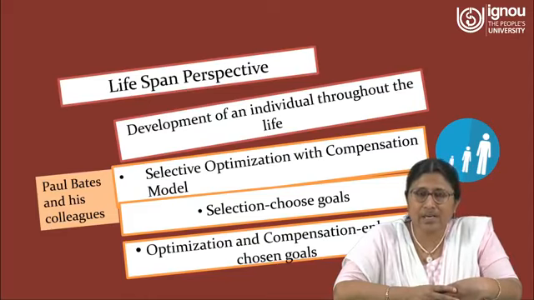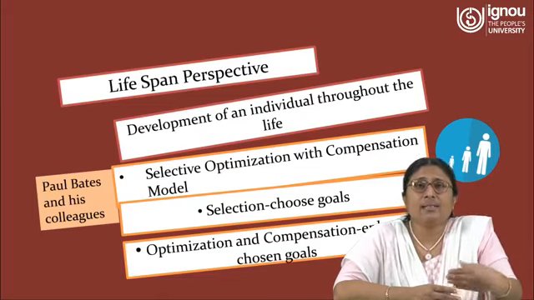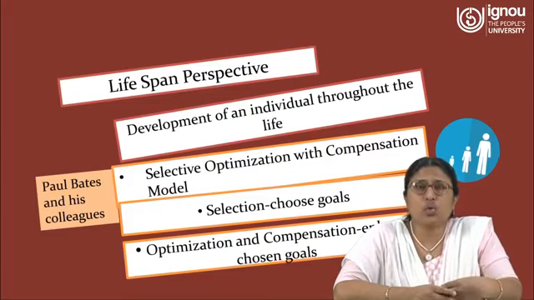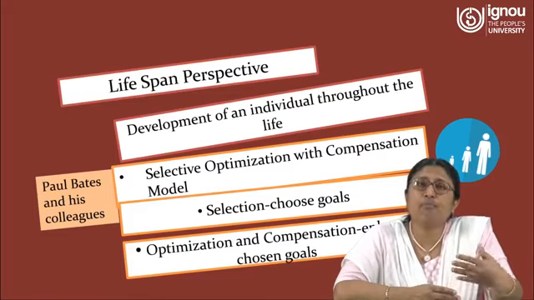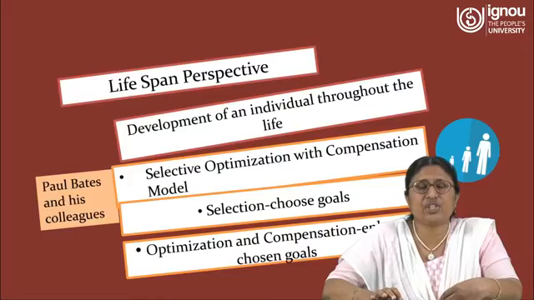That is selection, optimization and compensation. What does selection mean? Selection means the importance of choosing goals, and optimization and compensation enhance the chosen goals. This model was put forward by Paul Baltes and his colleagues.